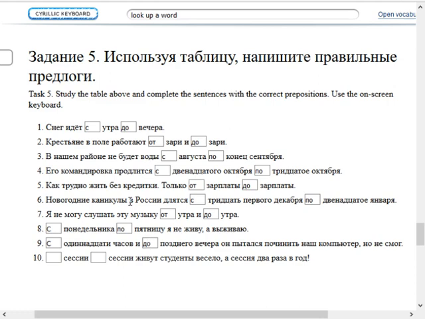So it's с 11 часов, so from 11 o'clock и до позднего вечера, so until late in the evening. Он пытался починить наш компьютер, но не смог. So from 11 in the morning until late in the evening, he tried to fix our computer but couldn't.